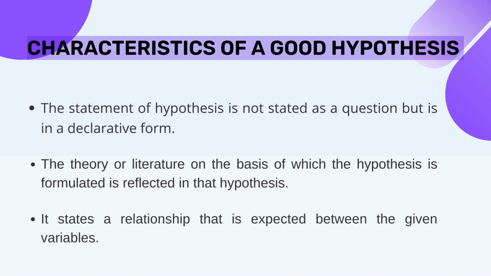So when different variables are being studied, their relationship is being studied. So important is the characteristic of a good hypothesis, that it actually narrates the relationship about the variables which is expected from the study.